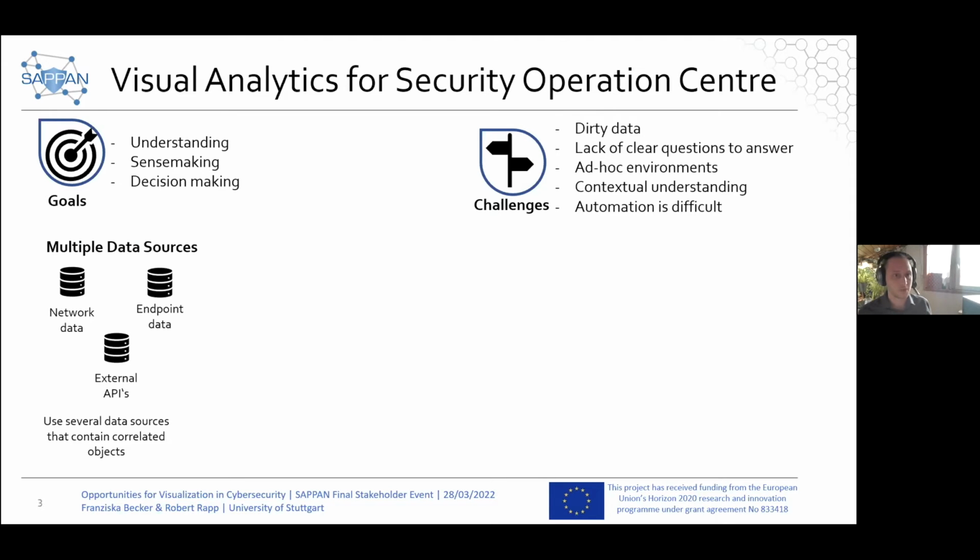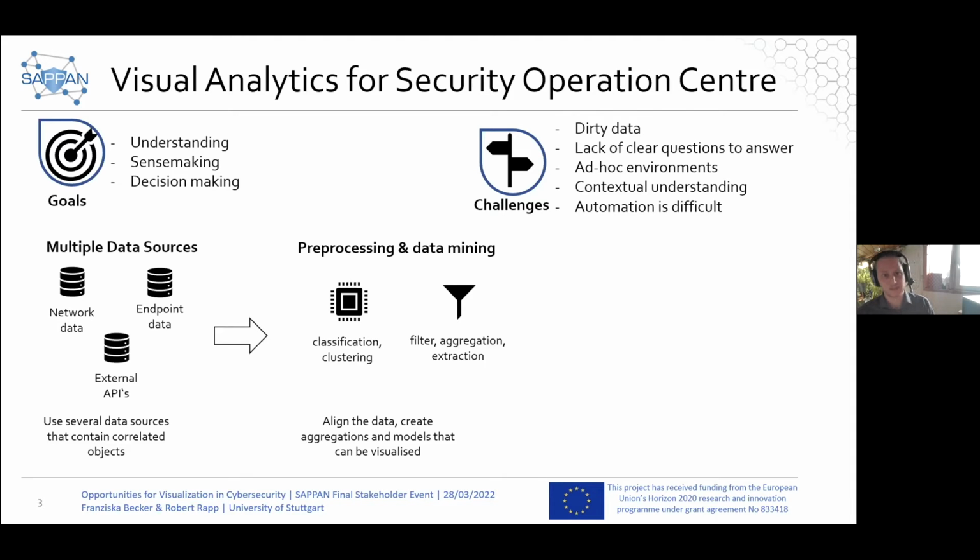And we also start with data. In cybersecurity, usually we have network data, or endpoint sensor data, or data from other external APIs. What we try to do with visual analytics is bring all the different data sources together, and also find patterns between them.